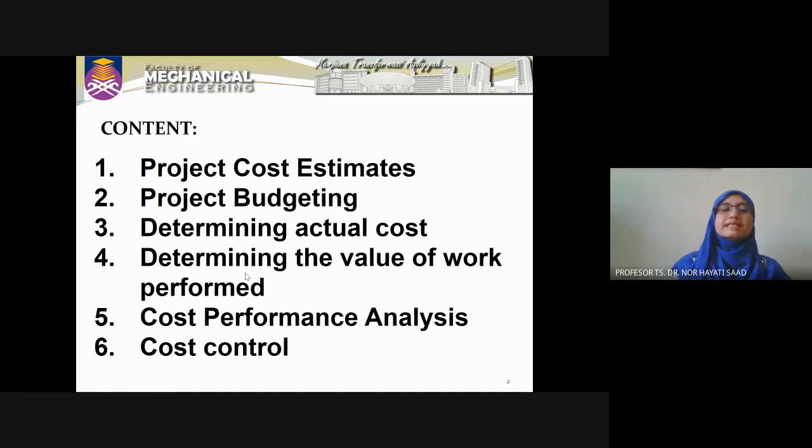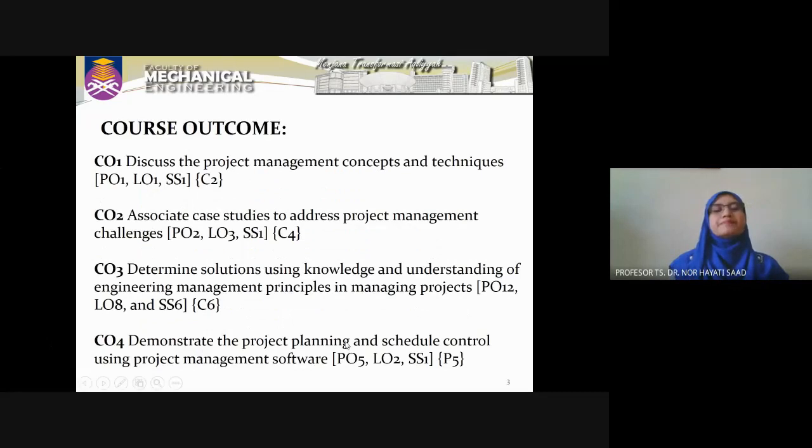In topic number 8 previously, on resource control, I suppose cost should be included as resource control as well, but we split the topic, so for this case, cost control we put in topic number 9. So overall, this is the cost outcome.